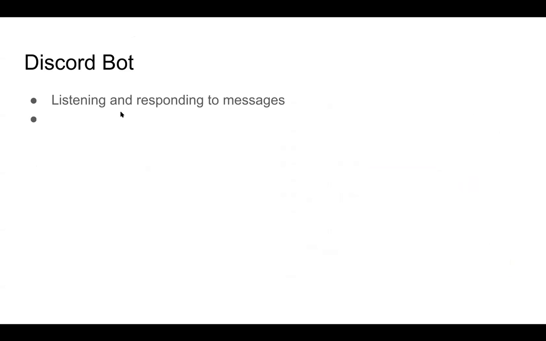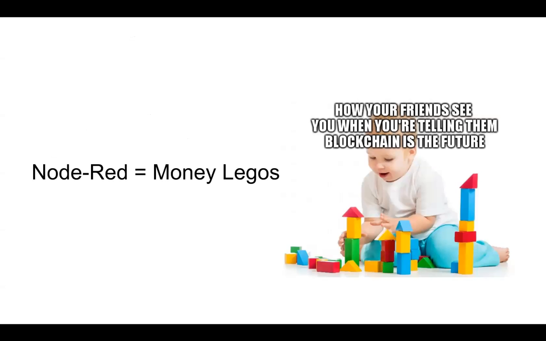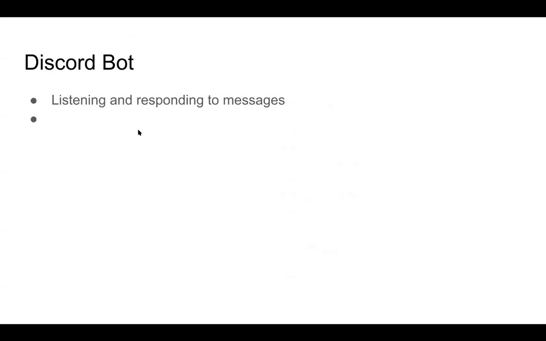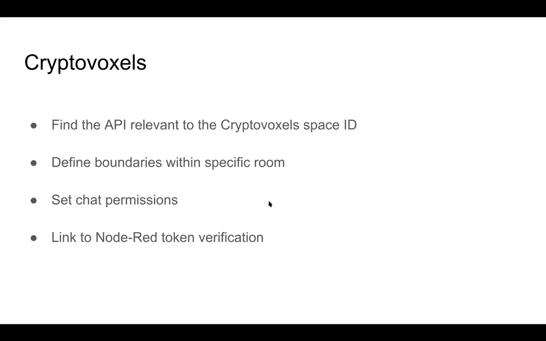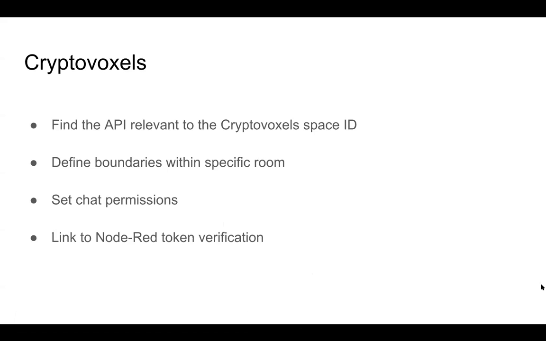This is a slide that I didn't quite finish, but today we'll be reviewing the Discord bot system. We'll be using the Discord bot to listen and respond to messages in the chat, as well as listening and sending messages within the Discord chat that are coming from the blockchain. I know that one of the ways you're interested in using this is for Cryptovoxels, and we'd love to support that down the line as we get you up to speed.